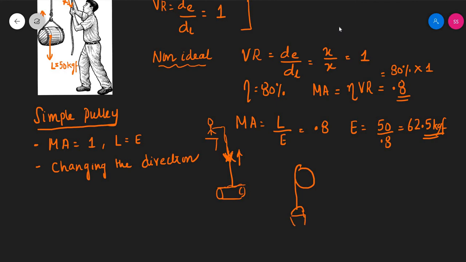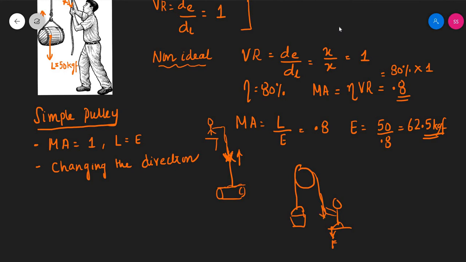A bucket of water from a well or something. As you're pulling this rope, you are exerting force with your leg. So you're putting your legs also to work. You're exerting a force downward, and also you're exerting a force with your hand.